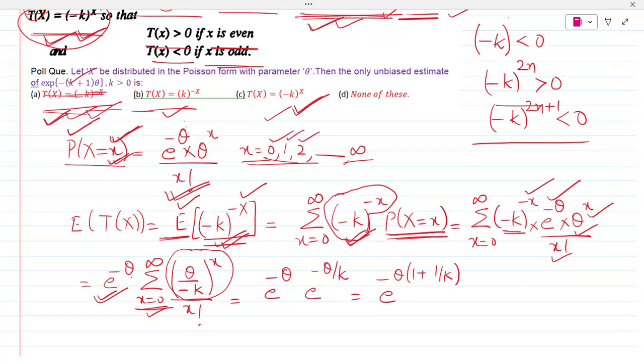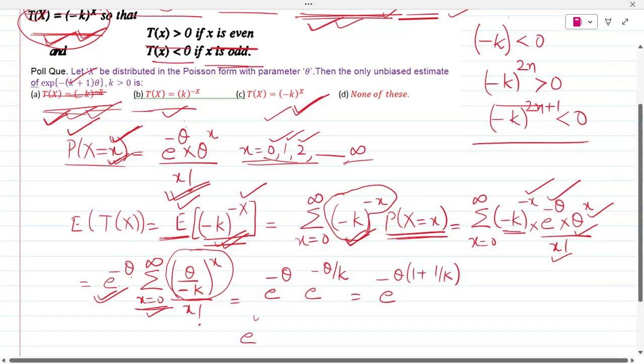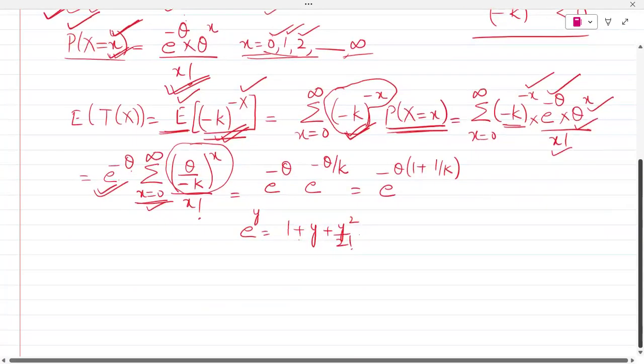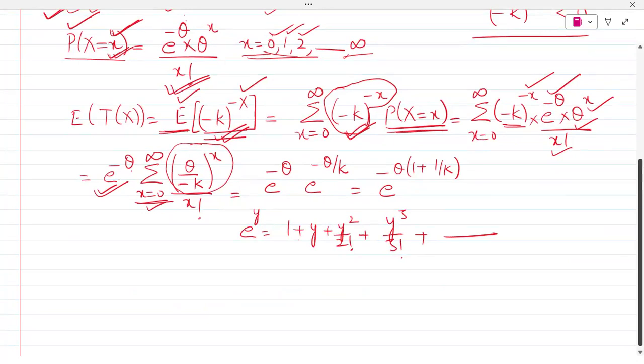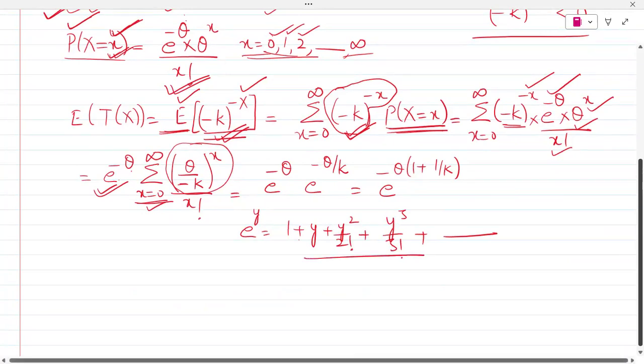e raised to y is 1 plus y plus y squared by 2 factorial, then y cubed by 3 factorial, and it goes on. This is the Maclaurin's expansion of e raised to y.